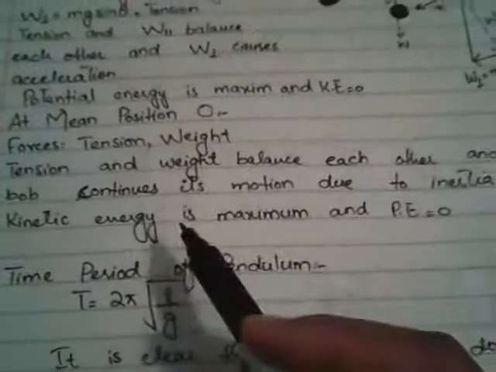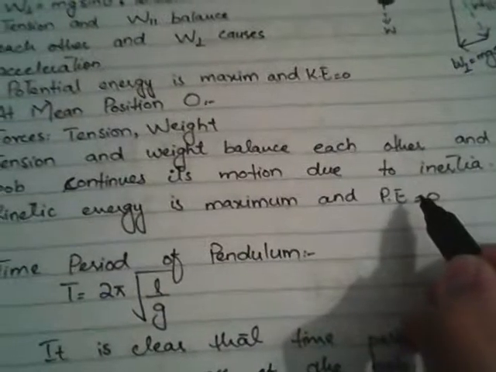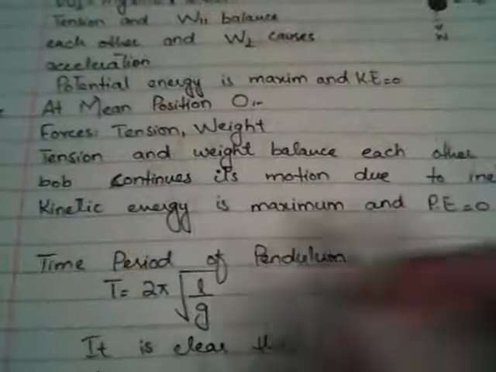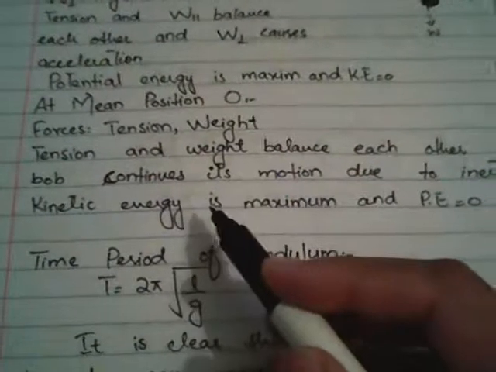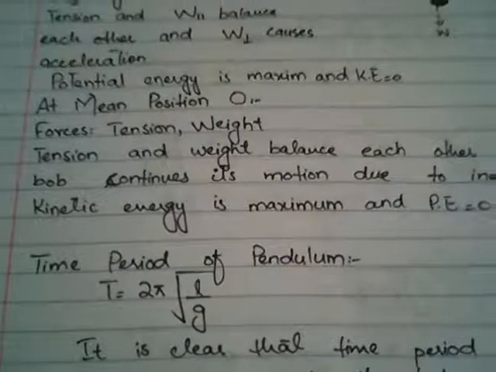The kinetic energy will be maximum and potential energy will be zero at the mean position, because there won't be any height, so the potential energy is zero, and there will be maximum velocity, due to which the kinetic energy will be maximum.